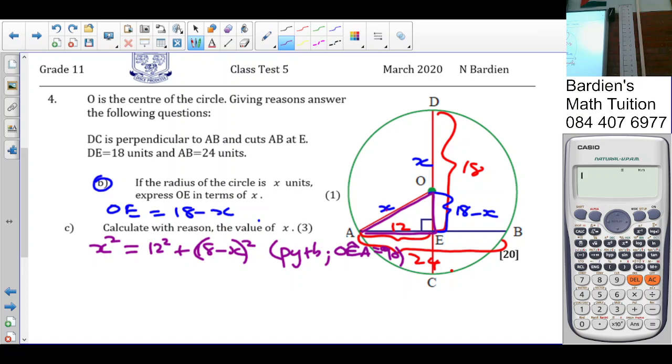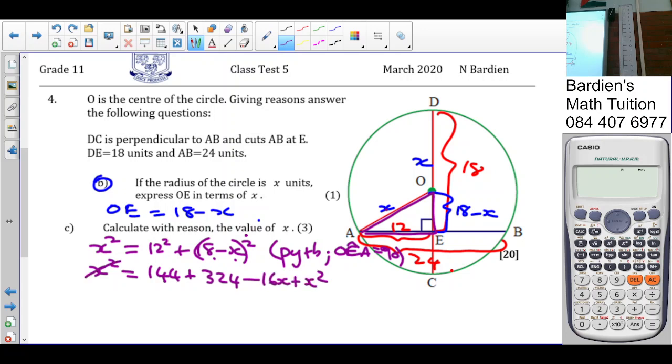Okay? So we're going to get x squared is equal to 144 plus 18 squared. That's 324. That times 2 is negative 36x plus x squared.